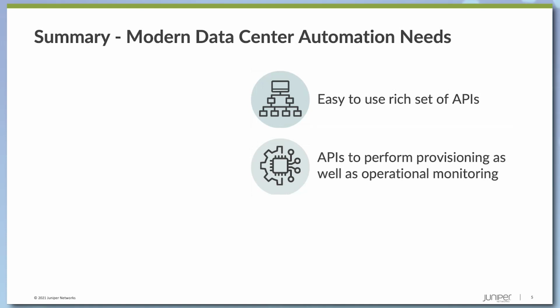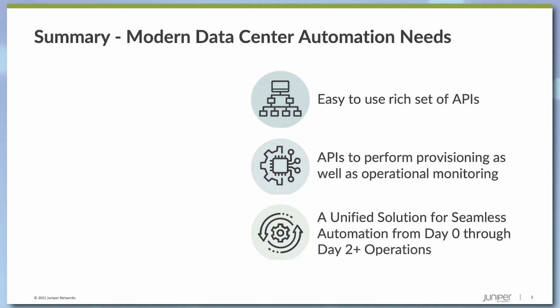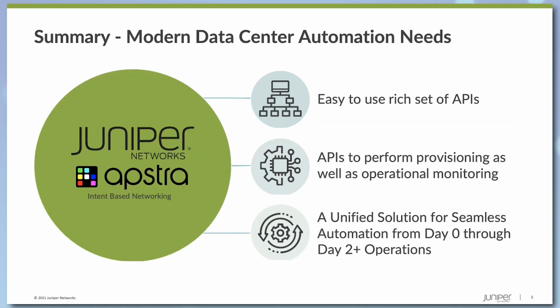And then last but not least, I'll use the same conclusion that I used in my previous two lightning talks. For your fabric management needs, you need a unified solution that gives you seamless automation throughout your network lifecycle, whether it's day zero, day one, or day two plus. And then you need a unified view for both your operations and architect teams, so that you get smooth operation in your network.